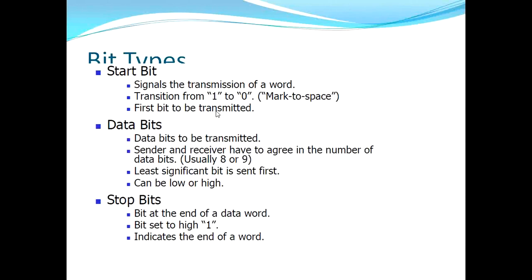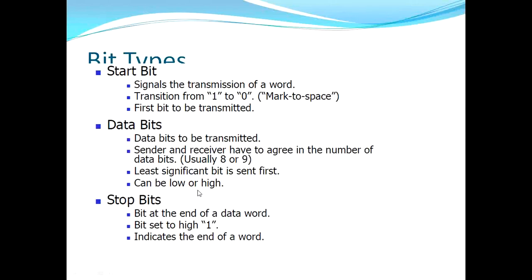The data bits to be transmitted are sent after the start bit. If we are using an 8-bit data format, then the LSB is transmitted first and the MSB is transmitted last. The least significant bit is sent first and the most significant bit is sent at the end.